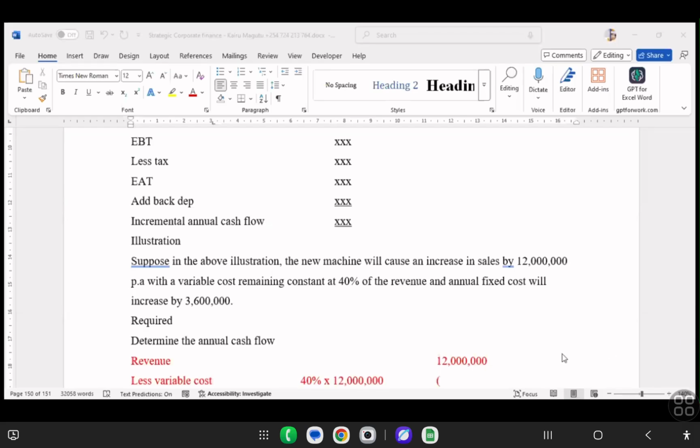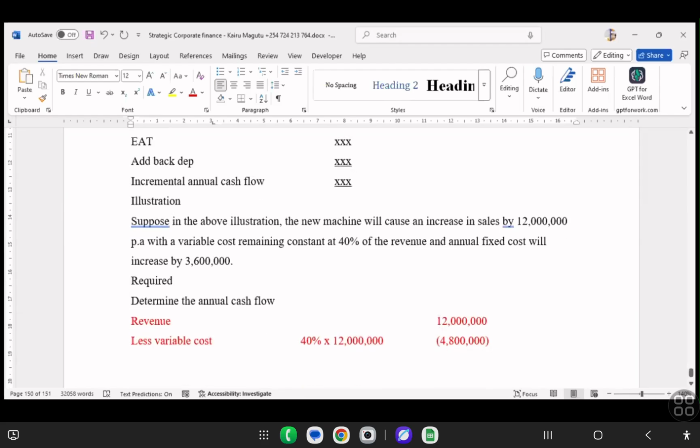Someone, is it 4.8 million? 4.8 million. This gives the contribution. The contribution is how much? 9.2.